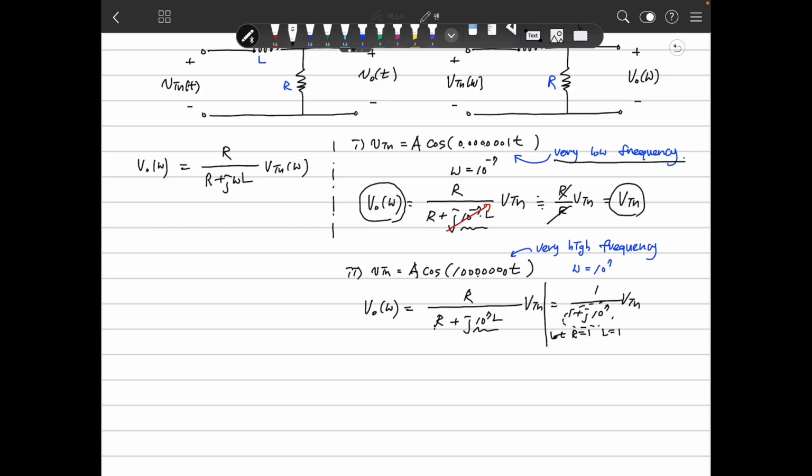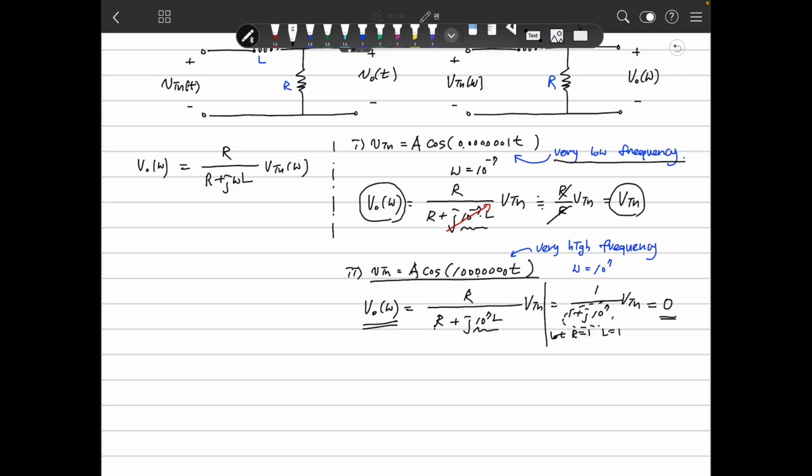That is very huge, so it will be 0. What is the meaning of that? If the input has a very high frequency, then the output is 0, no output. That means the high frequency signal is stopped by the filter.